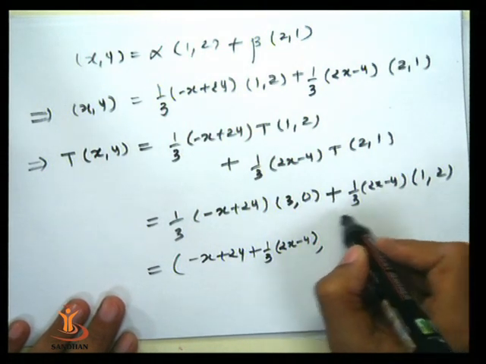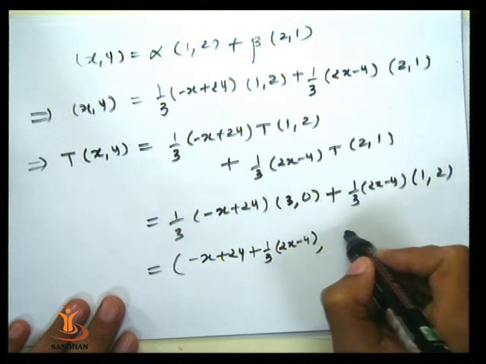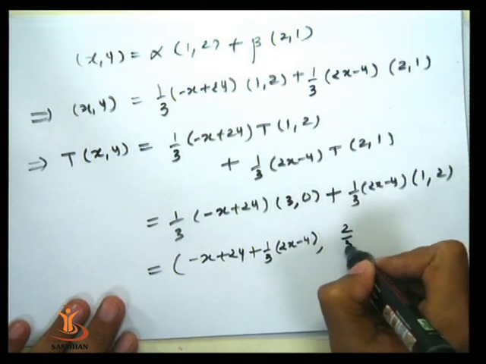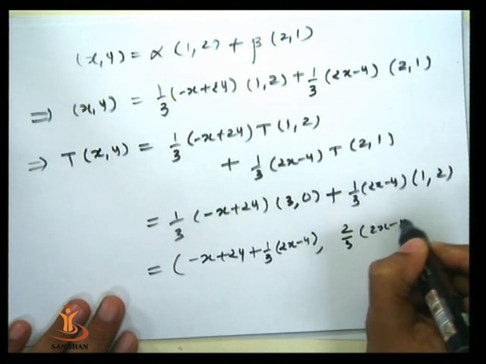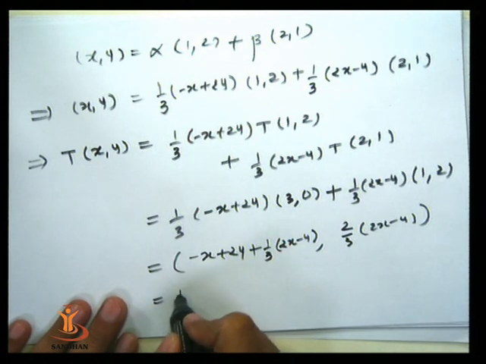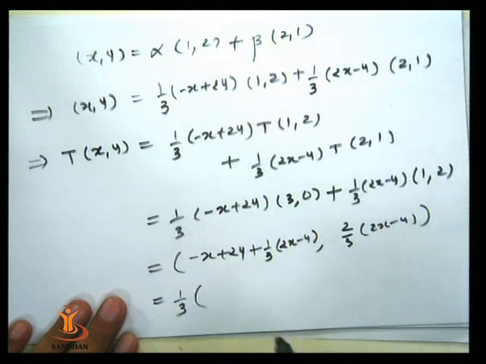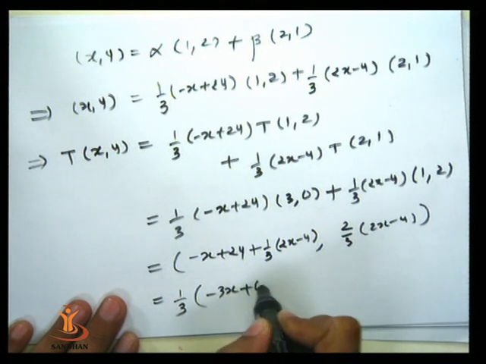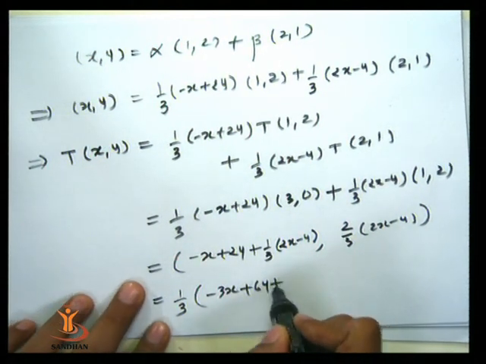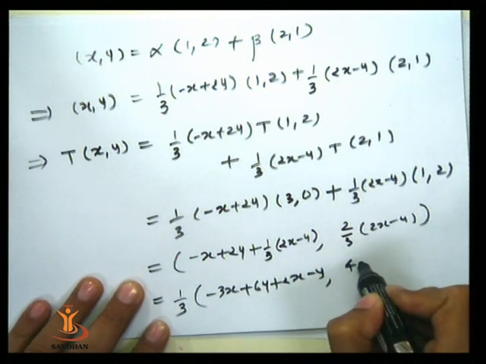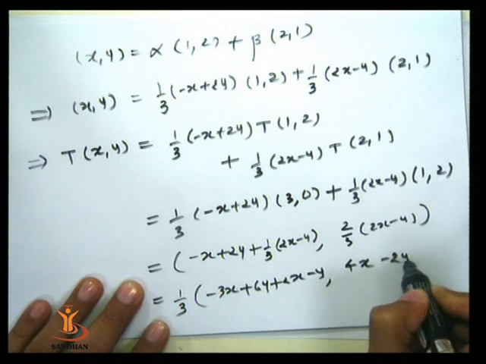The second component: here it is 0, and here 2 into 1/3, that is 2/3 times (2x - y). Taking 1/3 out from both components, we get -3x + 6y + 2x - y, and here 4x - 2y.